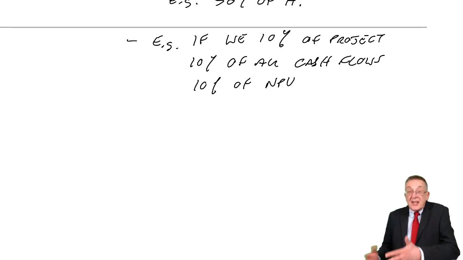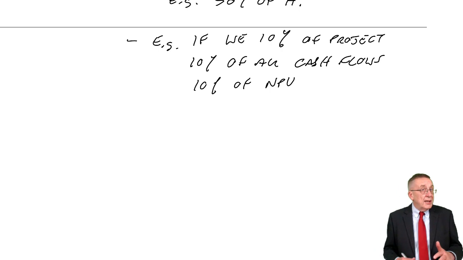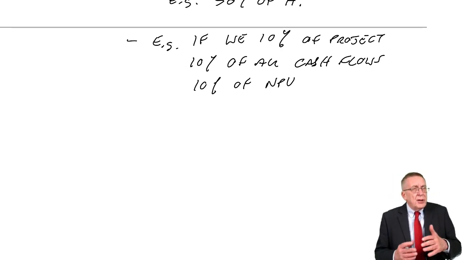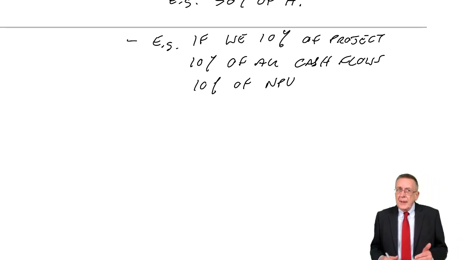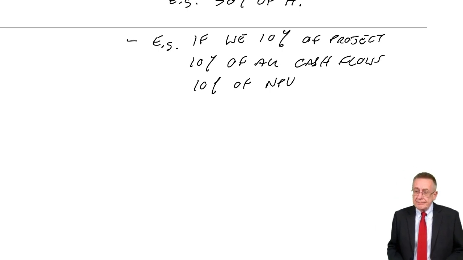If you do 60%, we'll get 60% of the cash flows and 60% of the NPV. Which again, I don't think is, in most cases, terribly practical. Even if you can do half a project, I think it would be unusual to expect to get exactly half the returns.